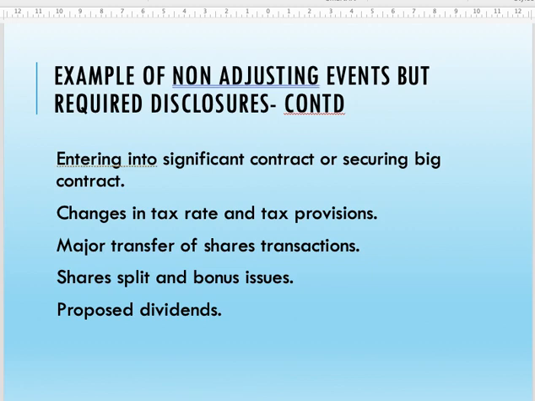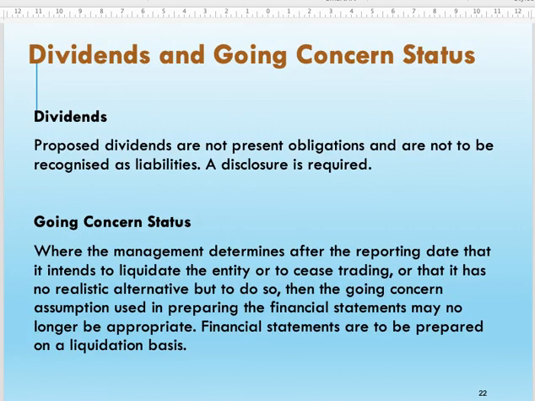Okay, entering into significant contracts or securing a big contract, change in tax rate, major transfer of shares, share split, and proposed dividend. Okay, proposed dividend is a liability, but that liability does not exist on the financial statement date, so you don't have to adjust your financial statement. Okay, this one I have explained in the dividend and the going concern.